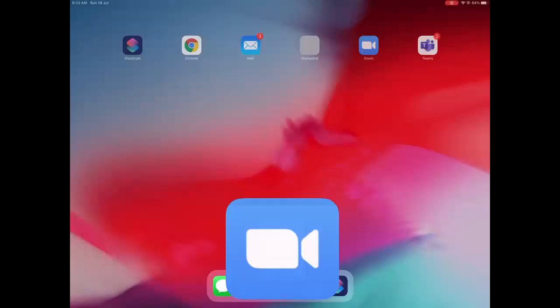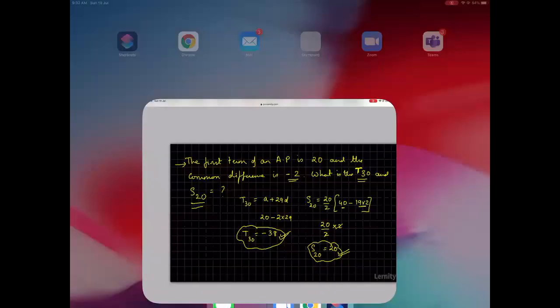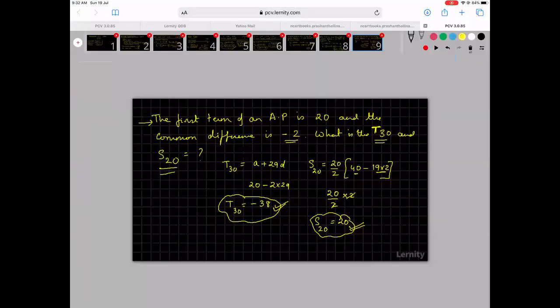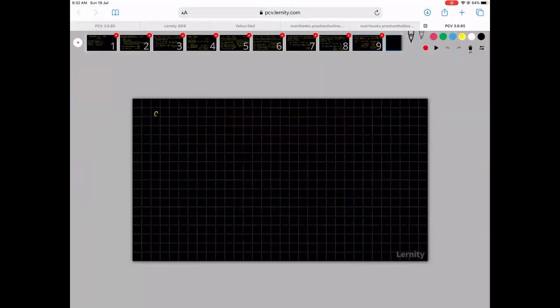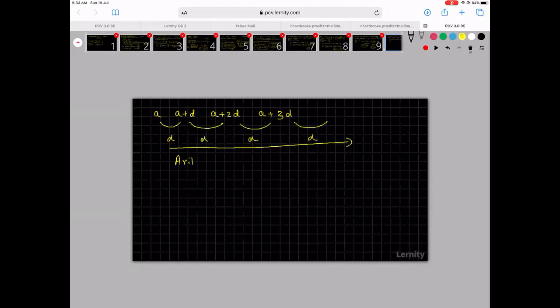Okay, so I hope we have done enough, and I hope all of you are able to understand. So just to explain it once again, if you have numbers where the difference between any two adjacent numbers is the same, so the difference between two adjacent numbers, here is D, here also it is D, here also it is D. Such a sequence of numbers is called an arithmetic progression.